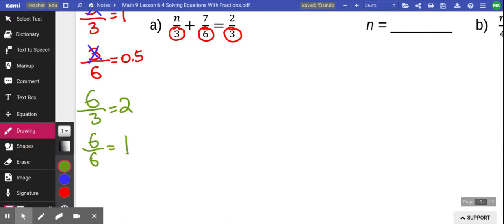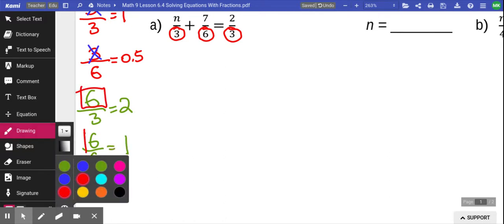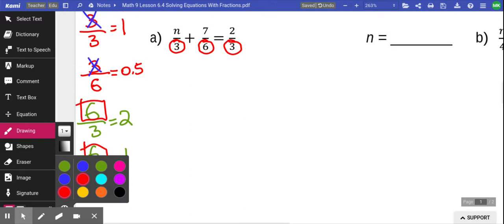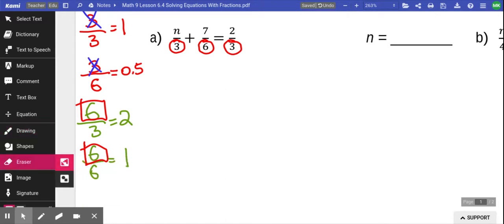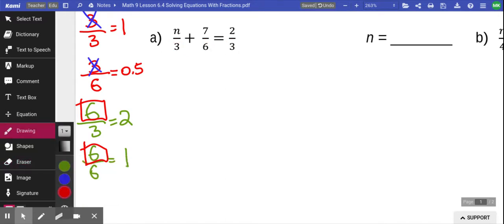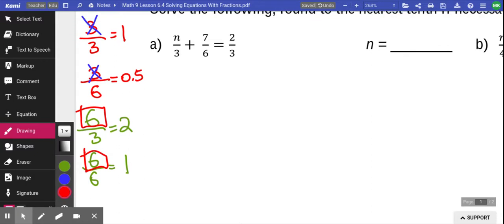So 6 would actually work. This means 6 is the number that I want to multiply everything by. It's called doing the lowest common multiple. You maybe have heard of saying things like get a common denominator, same kind of idea. So if you look at the denominator and you ask yourself, what number could those all become? They could all multiply by 6.